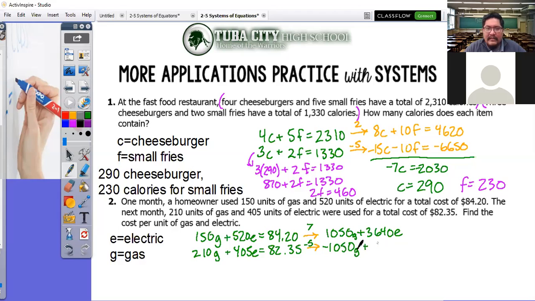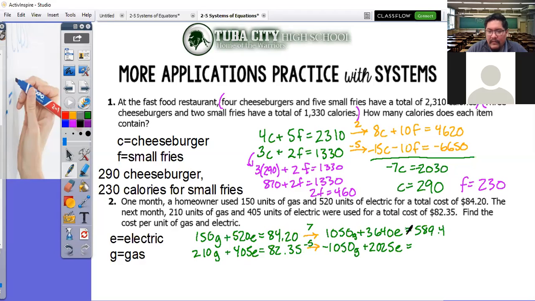And then the next one here, I'm going to have to multiply this number. So 405 times 5, that'd be 2,025 E. And then I'm still multiplying this by 7. So 84.2 times 7, and this would be 589.4, and multiply this last number, 82.35 times 5.